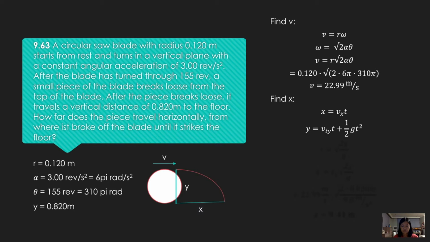And we can transpose to get time equals square root of 2y over g. Now we can substitute that to the original equation, x equals v sub x times t, to get this equation. And we can just substitute the values, substituting vx with v. This v we solved earlier to get x equals 9.41 meters.